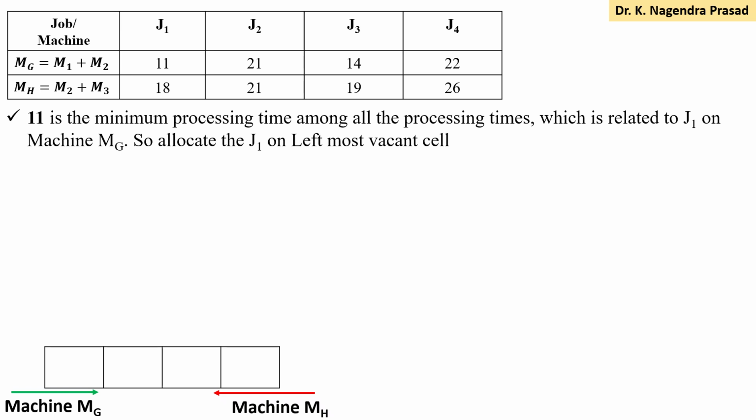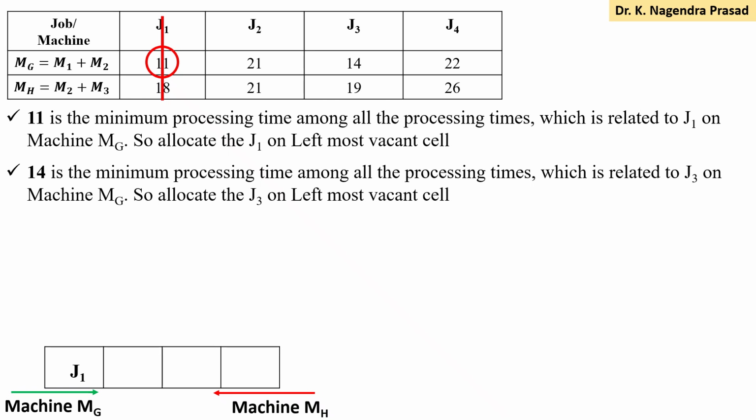In the job sequencing order, we have to fill job 1 in the leftmost vacant cell. Then we have to remove job 1 from consideration. Next we have to observe the processing times.